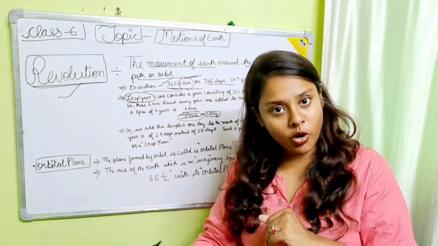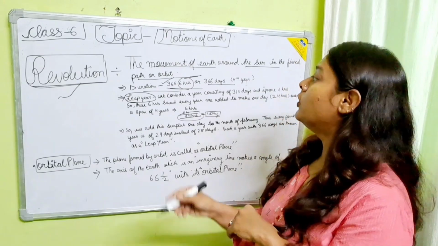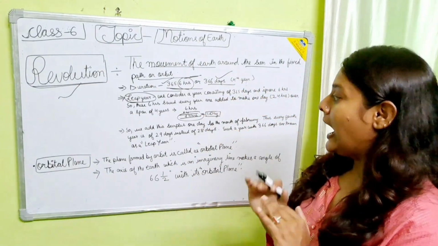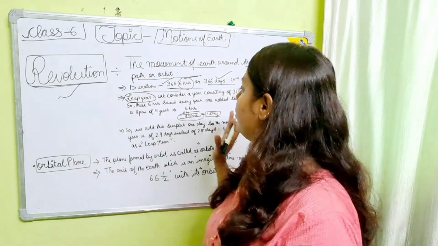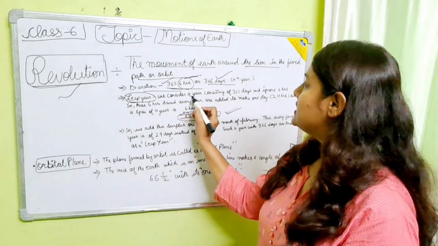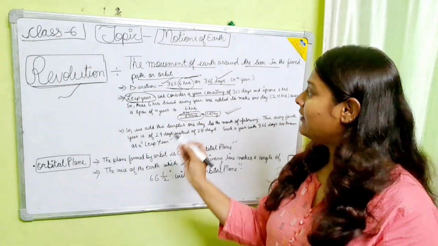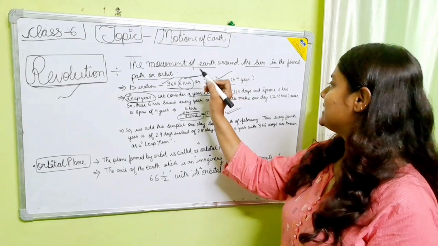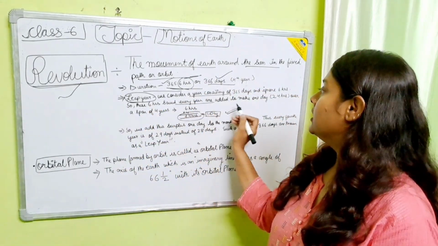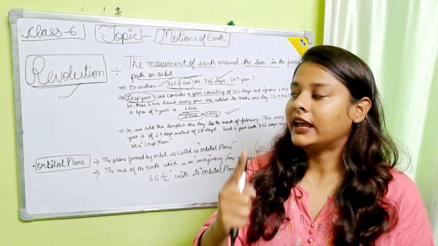So every 4th year there is a leap year which consists of 366 days. I hope it is clear now. From where does this one extra day come from? In a leap year, we consider a year of 365 days and ignore these 6 hours. So these 6 hours saved every year are added to make 1 day.